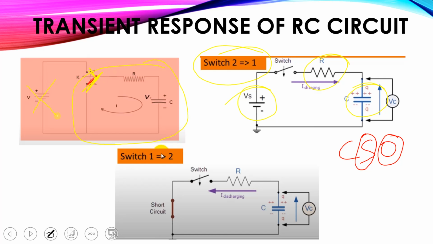The voltage source is not connected in the second case, but the capacitor is fully charged, with voltage Vc across it. When it is connected to switch 2, the capacitor gets discharged through the resistance R.